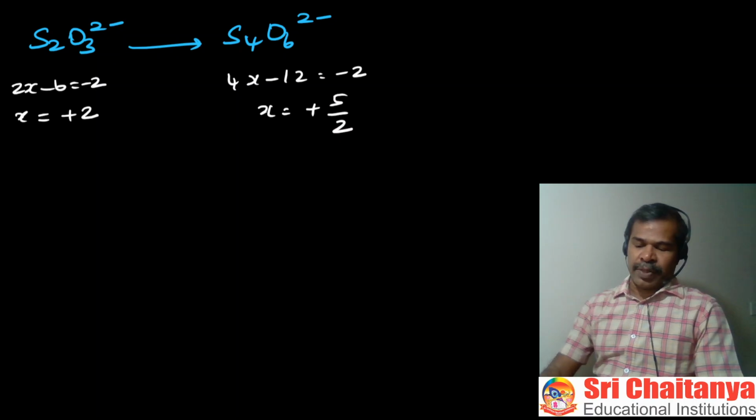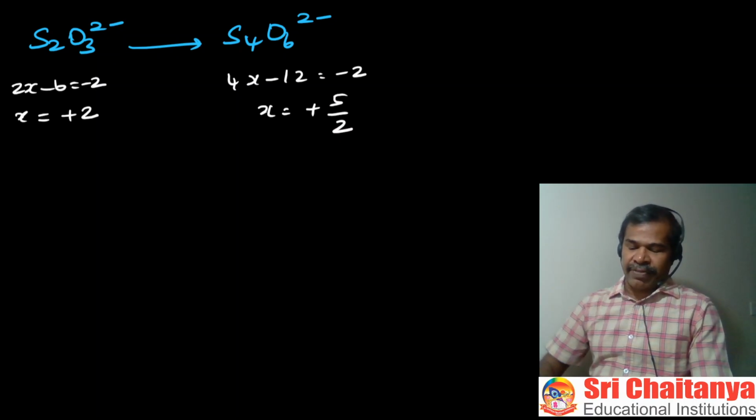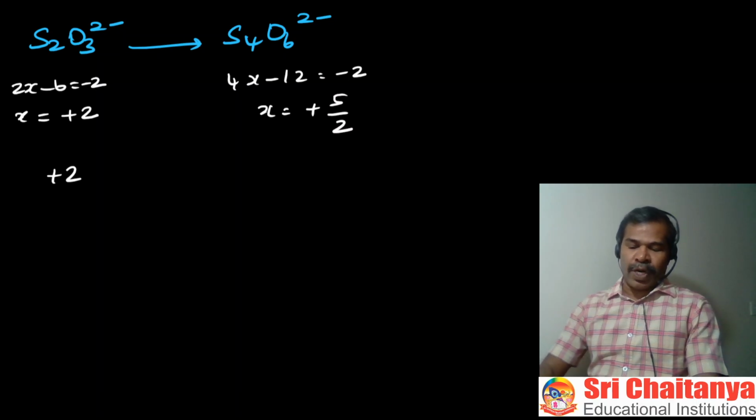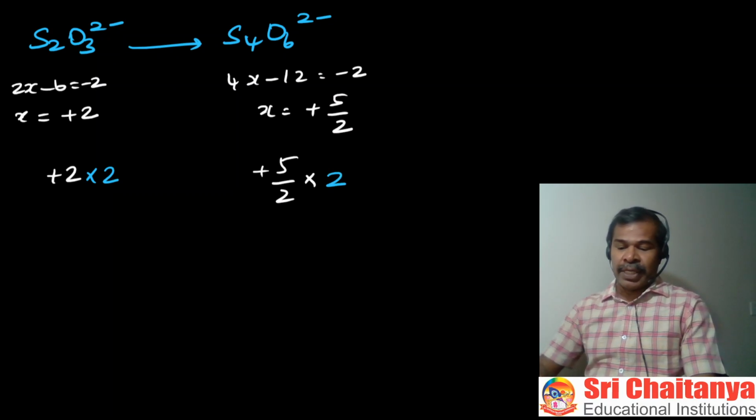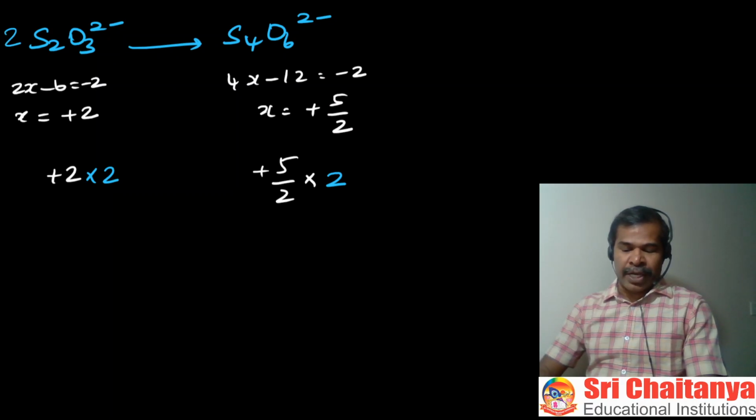Now I have to calculate the valency factor. So it is +2 into, in 1 mole, how many moles of sulfur atoms are there? There are 2, so 2 into 2, changing to +5 by 2 into 2. There are 4 sulfurs on the right, but I am not bothered about it. Don't balance it by putting a 2 here, that is wrong. Just do exactly what I am saying.